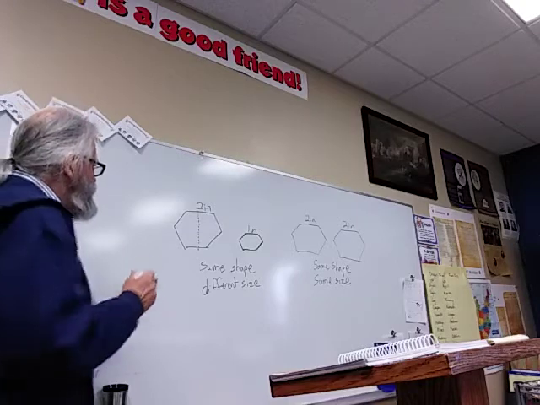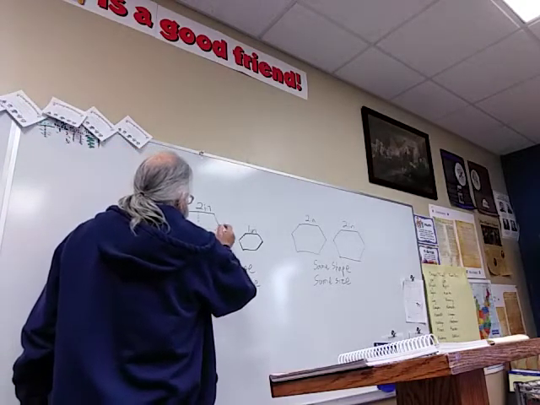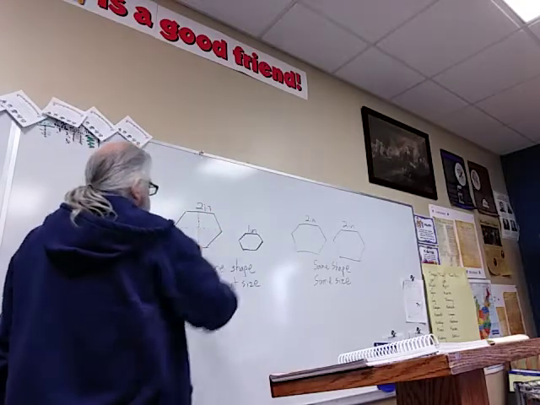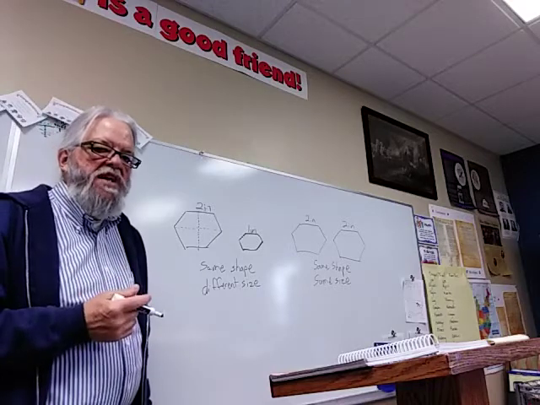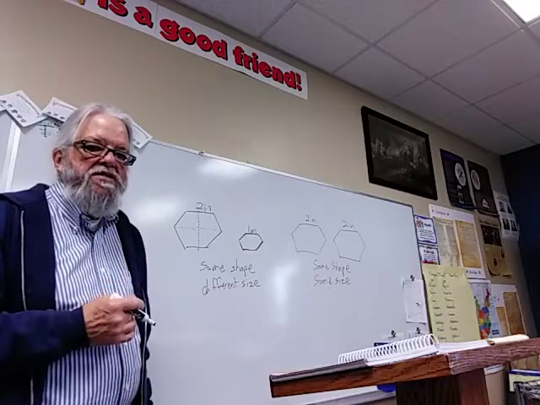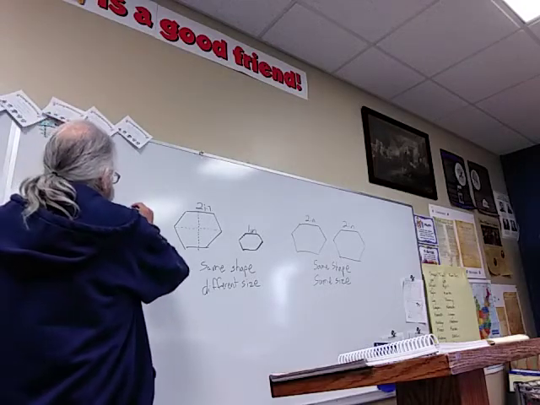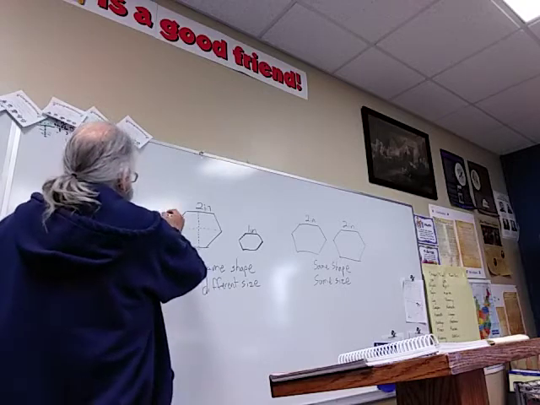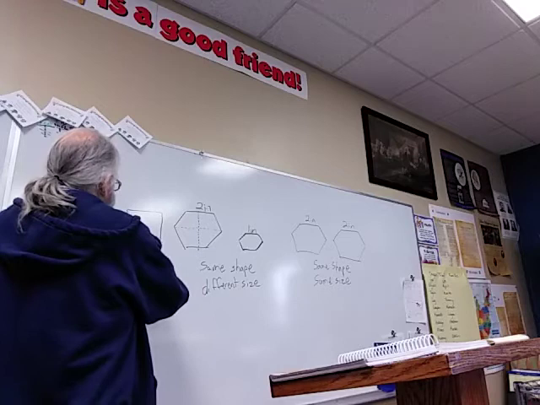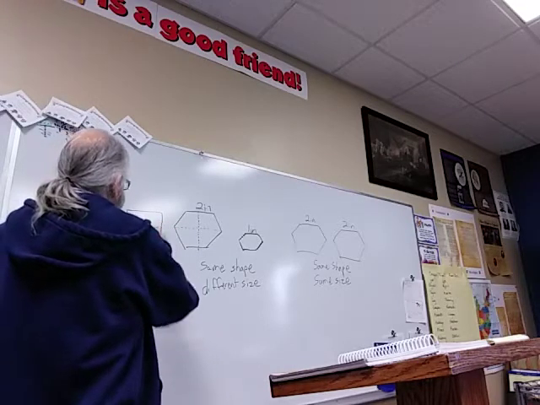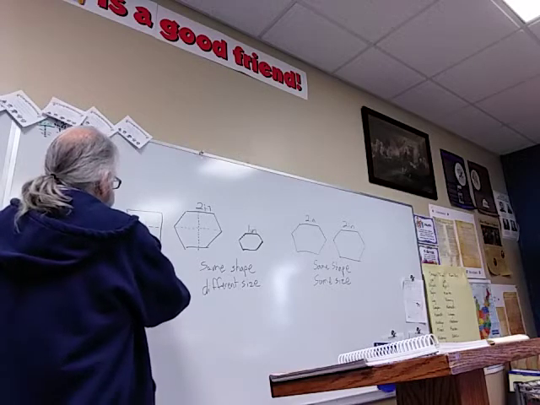This one also, I could divide it this way, fold it that way, and they would match. So that's also symmetrical. It's symmetrical 2 different ways. If I have a rectangle, I could divide it this way or this way, either way, and they would match.